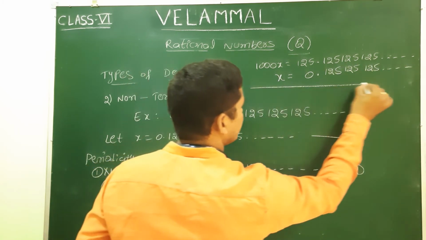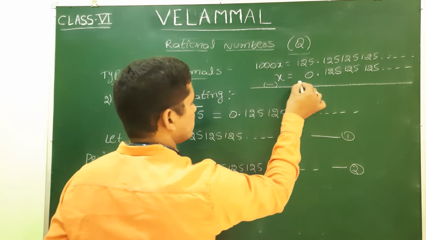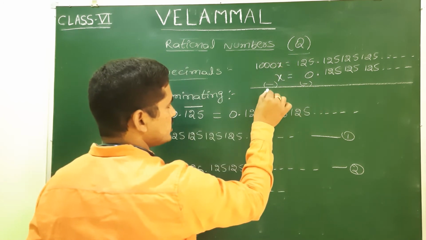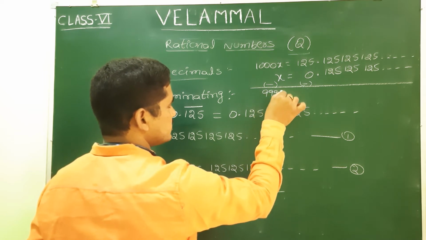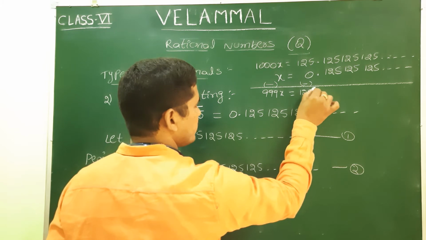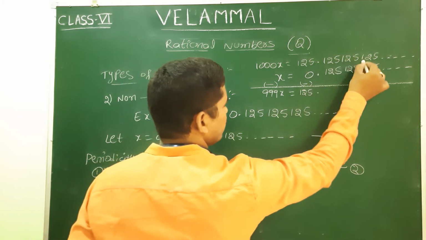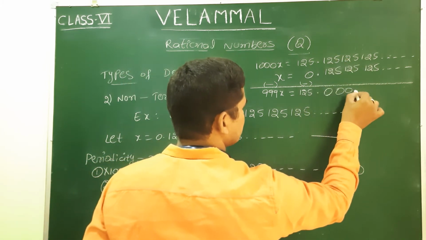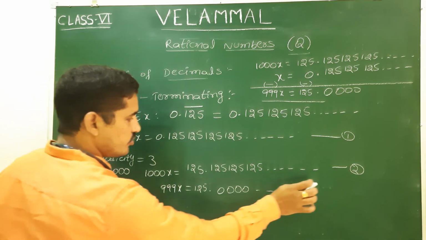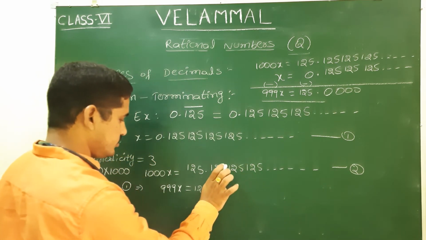Now we are subtracting both, so these are like terms. 1000x minus x is 999x is equal to 125 minus 0 is 125, and after the point these all will become 0, 0, 0. So by that we got 999x is equal to 125.